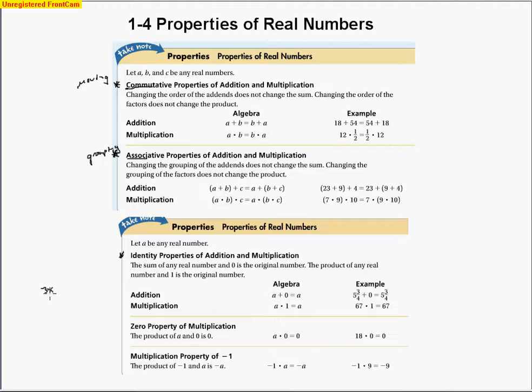So if I had 3x plus 3 equals 9, I use the identity property of addition to cancel out this 3 on the left-hand side. And so you see right here, these will make 0. And actually that's the inverse, but it has to deal with the identity property. And so if I add 0 to a number, it always makes that number as the identity property. Here, actually, this would be the inverse.